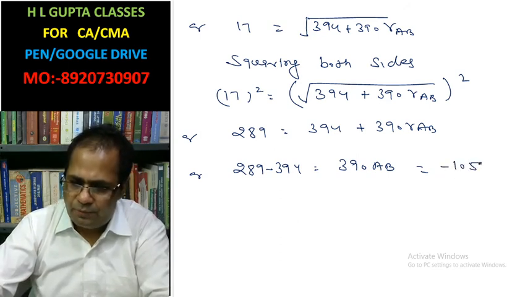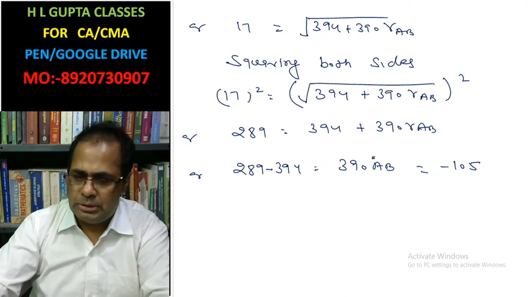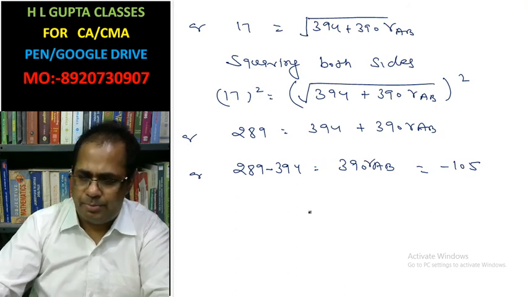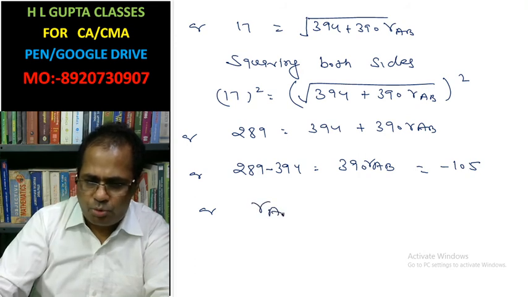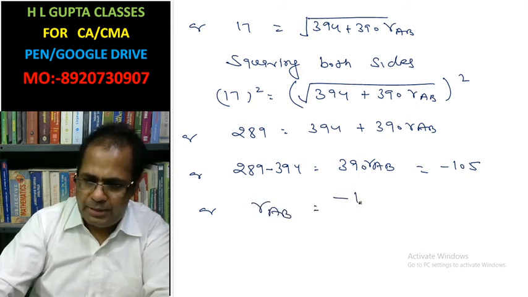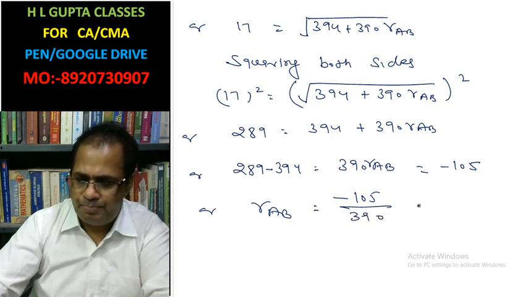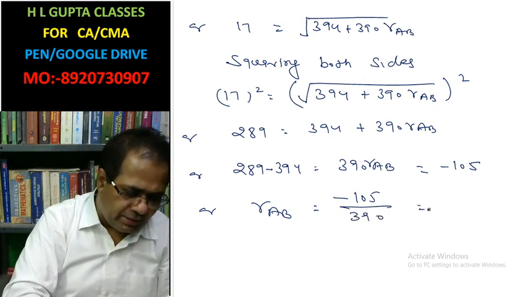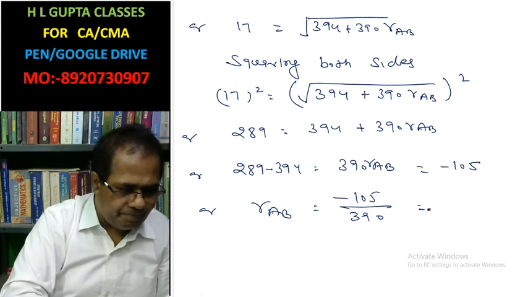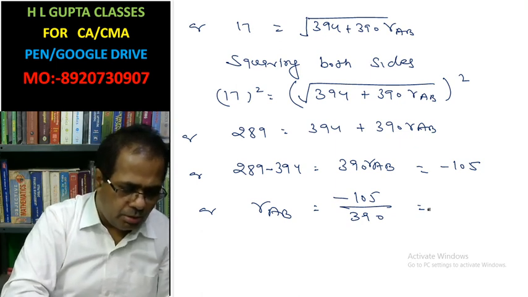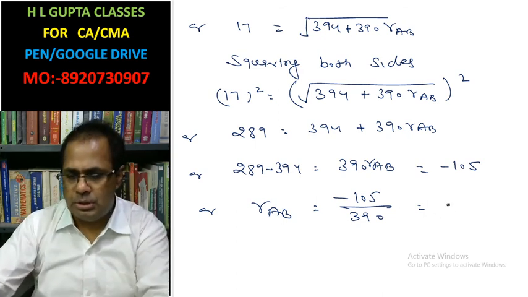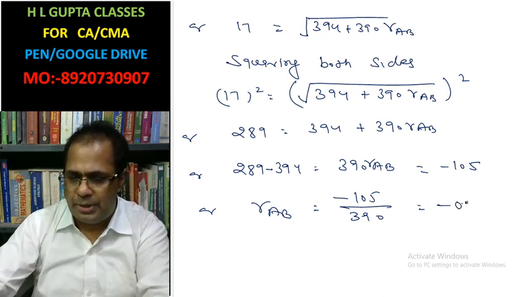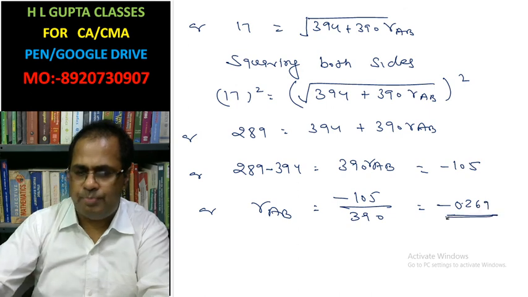Minus 105 equals 390 times the coefficient of correlation AB, or coefficient of correlation AB equals minus 105 divided by 390, which gives minus 0.269.